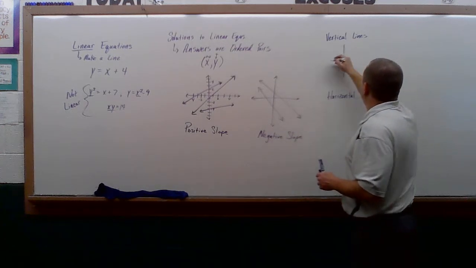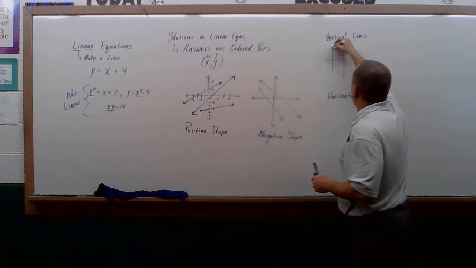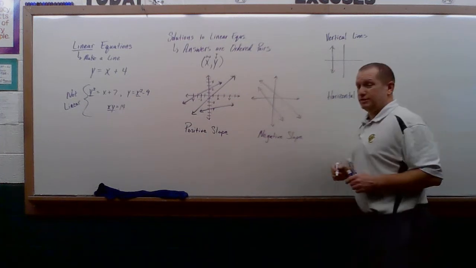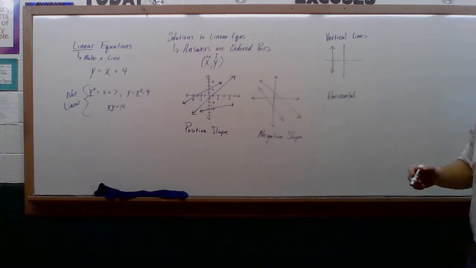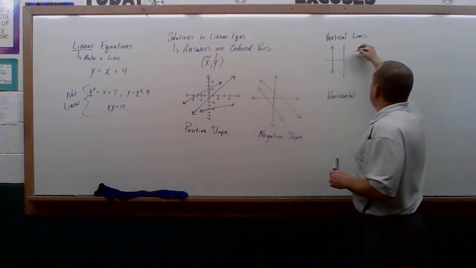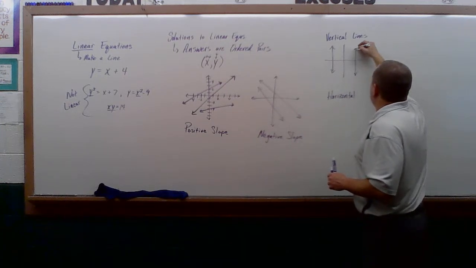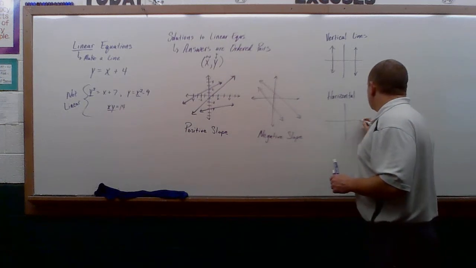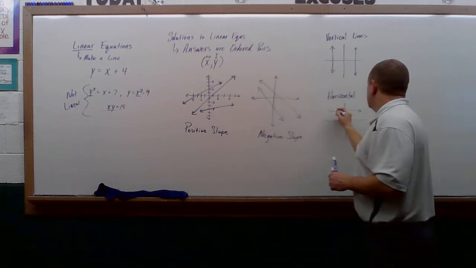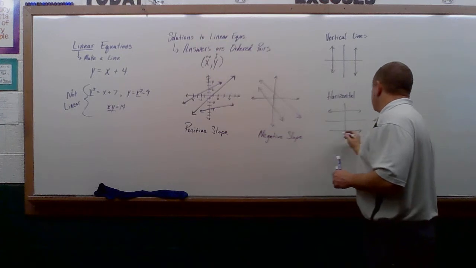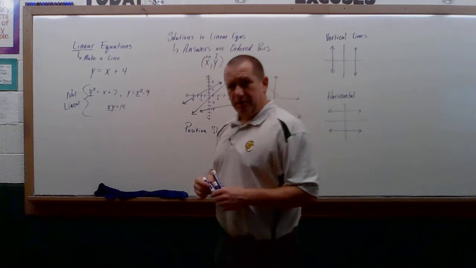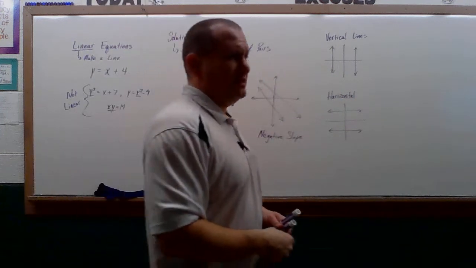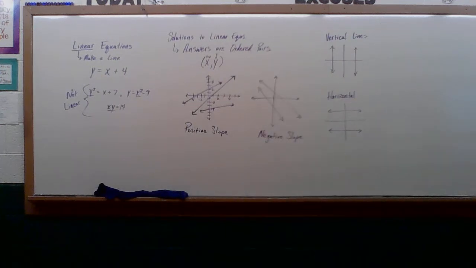So a vertical is how high you can go up or down in some situations. Some of us can't jump very high, so we go down. But it doesn't matter where it's at. It could be positive, it could be negative, but those would be vertical lines. And then my horizontal lines always go right or left. And again, it could be positive, it could be negative. And we'll talk more about that in the future. I don't know if we'll get to it this week, but definitely next week.